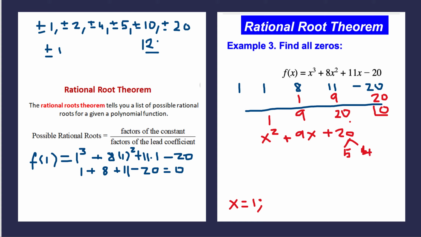Plus 5 times plus 4 is plus 20 if I multiply, and plus 5 plus 4 is plus 9, so it satisfies this condition. So I can factorize it as x plus 5 times x plus 4.